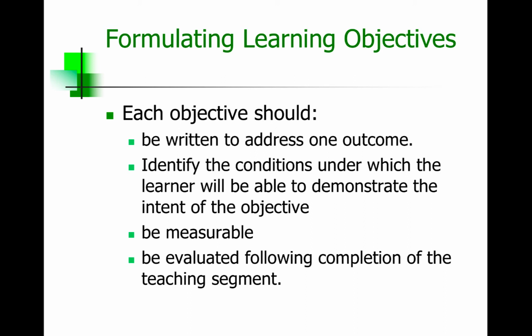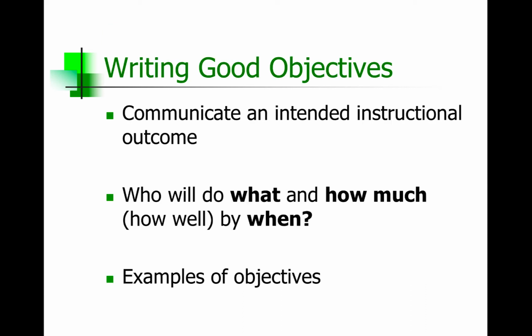They should be measurable, and they should be able to be evaluated at the completion of that teaching segment. So you should be able to know at the end, did I meet the goals or not? Think about how to write good learning objectives, and we'll practice them in class.